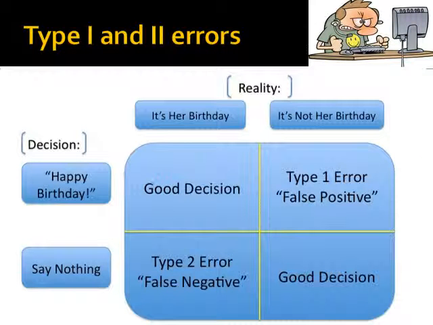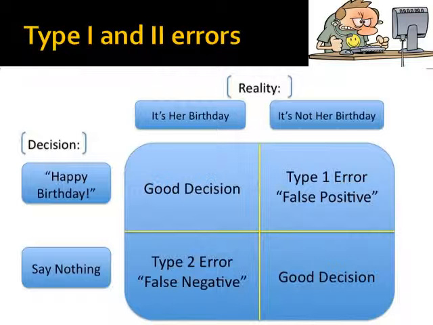I have a kind of fun example of this to play around with to help explain a bit more about type 1 and 2 error, to help understand how probabilities work. So in this example, let's say that you have a friend, a female friend, who has a birthday coming up, but you're not sure if that birthday is today or tomorrow. You have to make a decision about whether to tell that friend happy birthday or not, and there are probabilities that you can live with and ones that you can't.